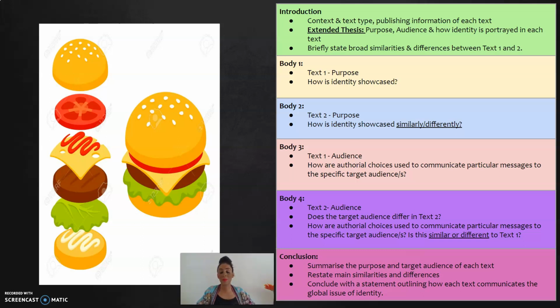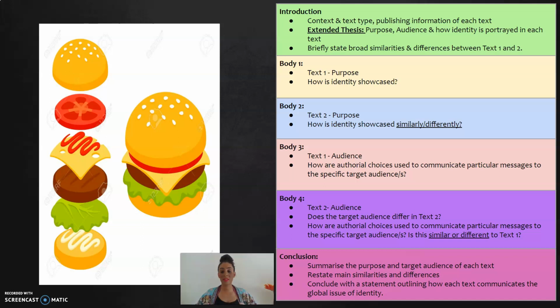So the second body paragraph is then also about purpose, but it's about text 2 this time, okay? And rather than just talking about its purpose and how identity is showcased, we actually do a comparison. So we present the information about the second text and we compare it to what's already been discussed in that first text, in the first body paragraph. So it's text 1 purpose, text 2 purpose.